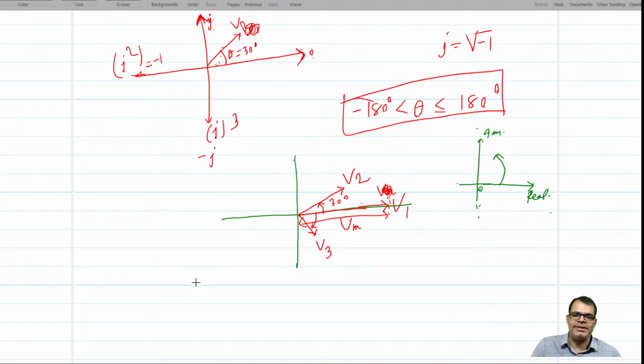Now the question arises: what is the phase difference between V2 and V3, and who is leading, whether V2 is leading or V3 is leading?